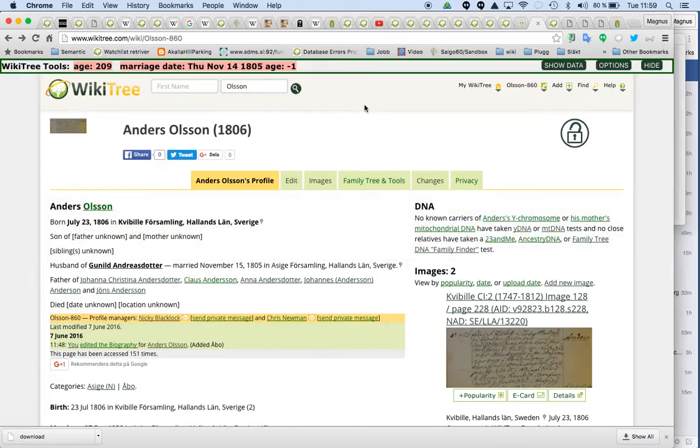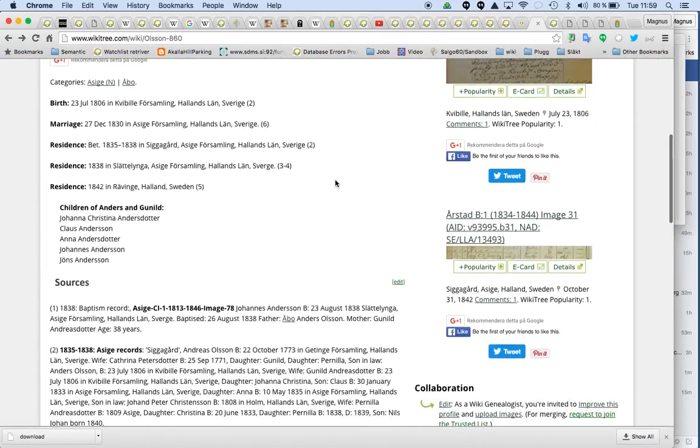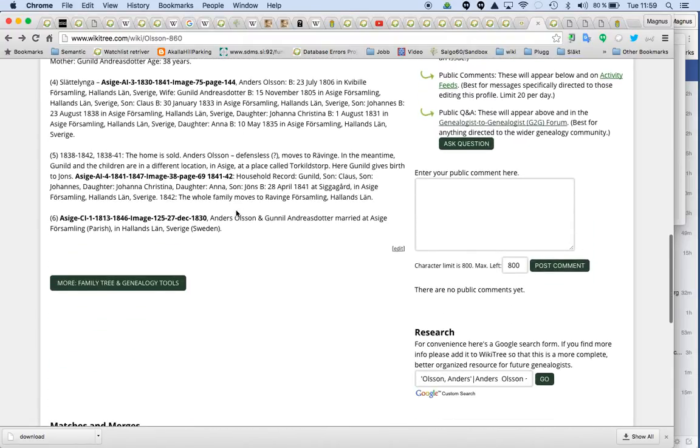Did you have any sources on him? Revinge, I think it's not Halland, is it? It's Malmöhus, I think. Ravinge.